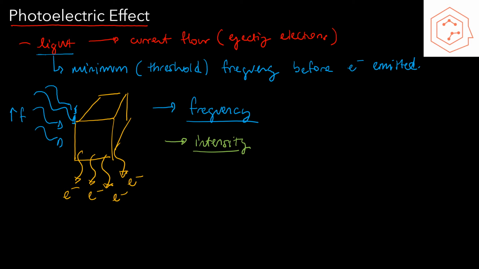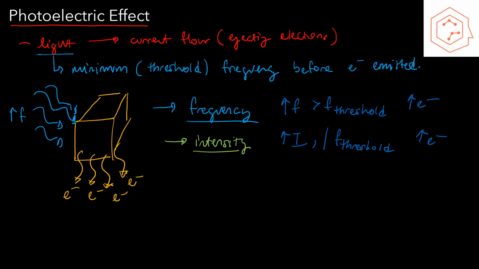Of course, increasing frequency beyond the threshold frequency will result in more electrons being emitted, and increasing your intensity given that your threshold frequency has been reached will also result in more electrons being emitted. So just to reiterate, if you're below the threshold frequency and you increase the intensity of your light, no electrons will be emitted.